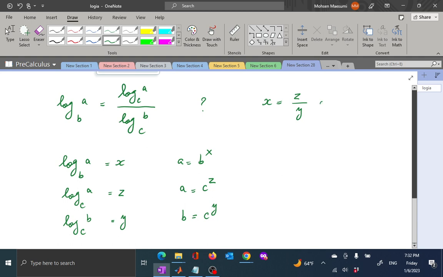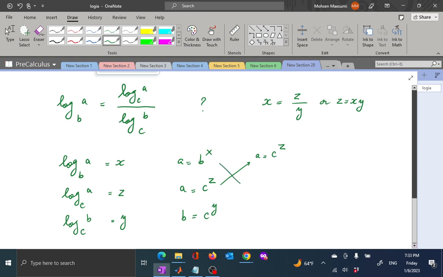In other words, z is equal to xy. Well, let's see how. Where do I see z? I have a is equal to c to the power of z.